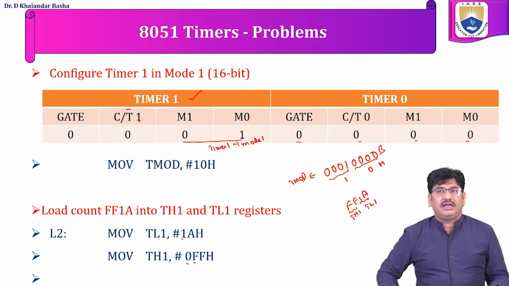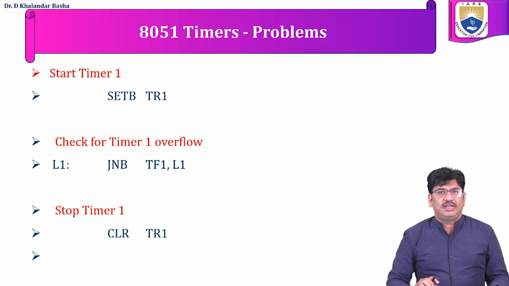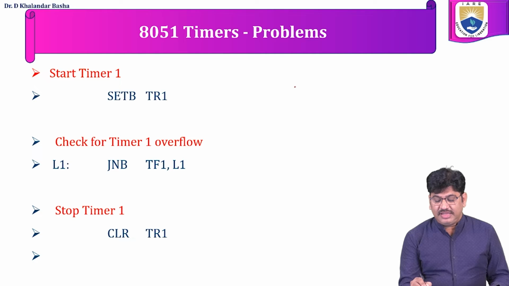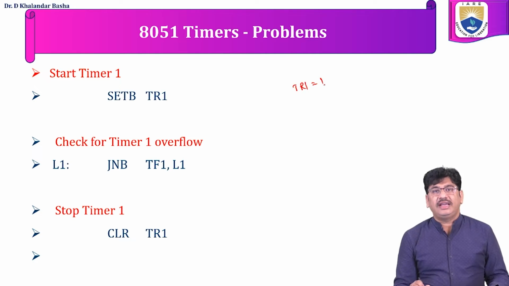After loading the respective registers, we will program the start bit for timer 1, which is TR1. SETB TR1. This will make the TR1 bit 1, indicating the start of the timer run for timer 1.